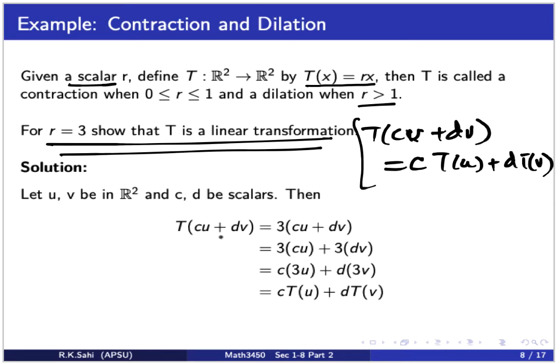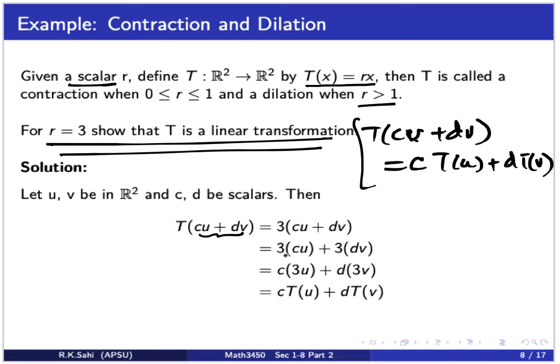So let's look at T of cu plus dv. What is this T doing? This T is basically scaling, and it scales by a factor of 3. So whatever is inside, you multiply by 3. So 3 times cu plus dv, which is 3 times cu plus 3 times dv. Basically I'm just doing simple math.